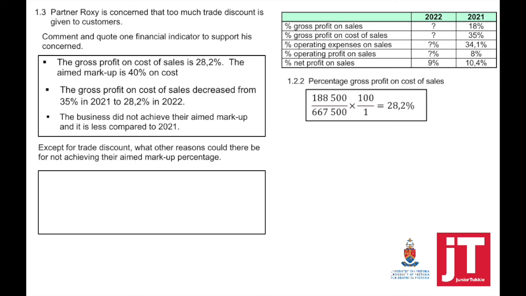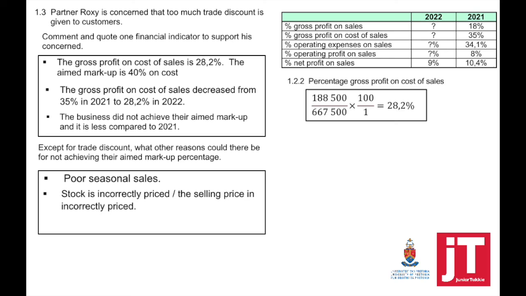So we first identify which financial indicator is applicable. Then we quote figures. We compare last year with this year and we compare it to our aimed markup. Then thirdly, we give an opinion. We're commenting on that.